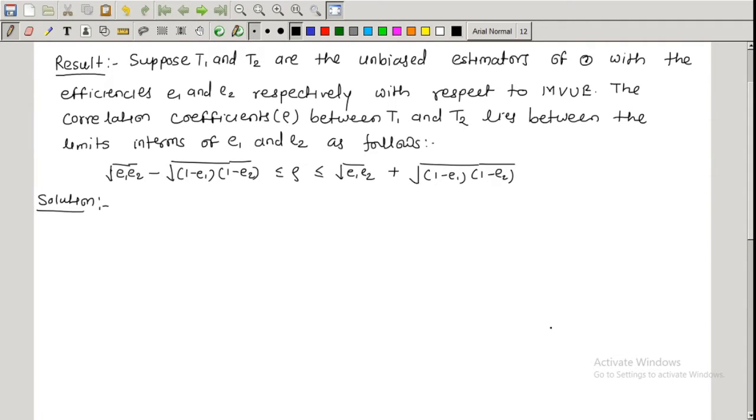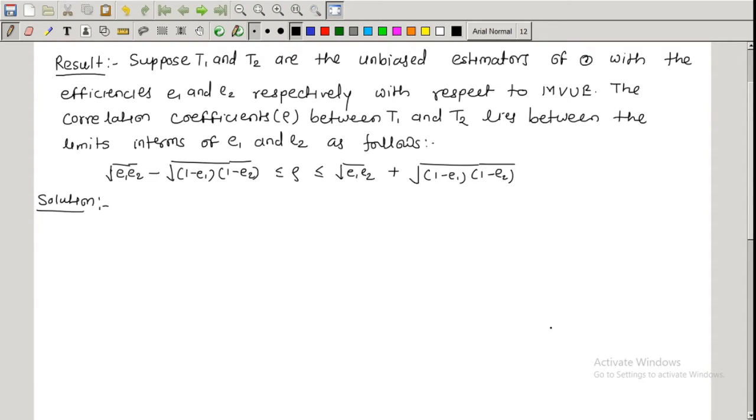The correlation coefficient rho between T1 and T2 lies between limits in terms of E1 and E2 as follows: square root of E1 into E2 minus square root of 1 minus E1 into 1 minus E2 is less than or equal to rho, which is less than or equal to square root of E1 into E2 plus square root of 1 minus E1 into 1 minus E2.